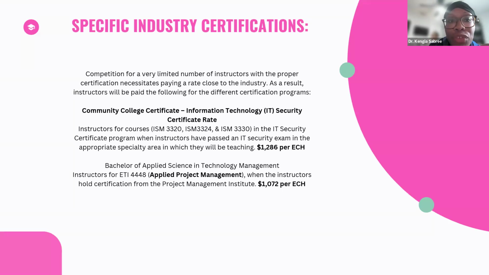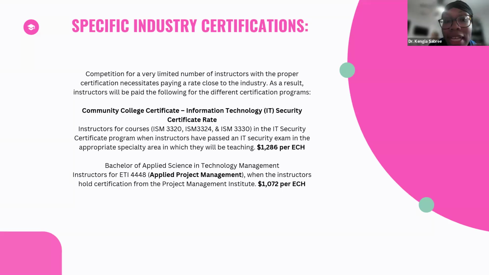They give you specific courses at the college, and you could always look these up and see what the titles are, and see how that may translate, or if another school near you offers that type of course. These particular courses prepare students for that IT security exam. So they're saying if you are an adjunct and you have that certification, you're going to be paid $1,200 per credit hour.